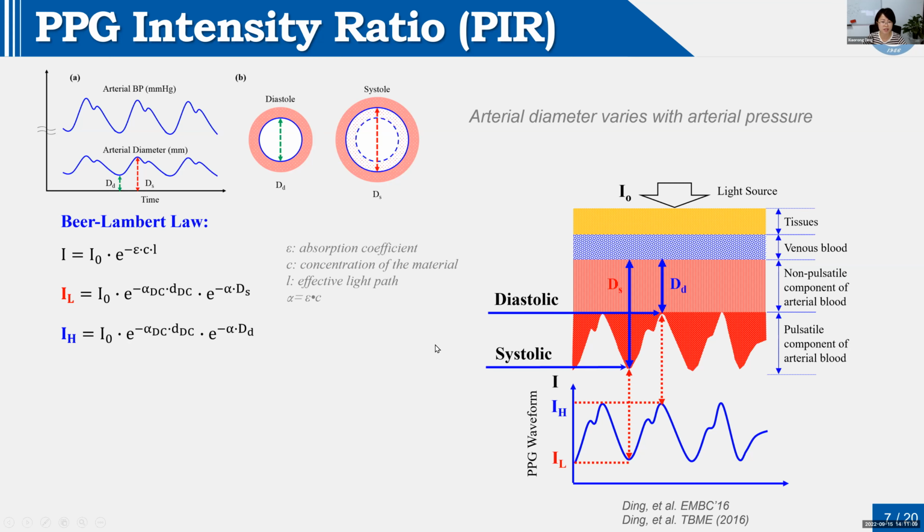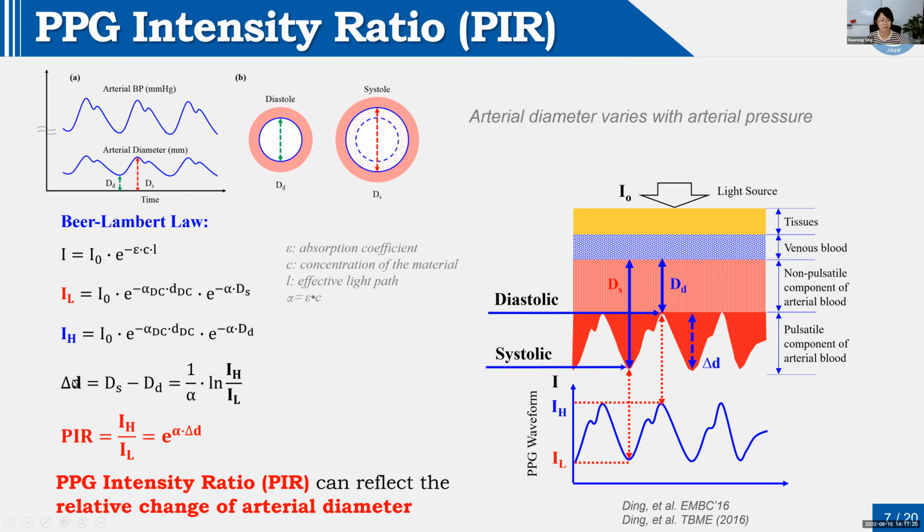So we derive the PPG intensity while the blood pressure is at the diastolic status and the systolic status. With some derivations and calculations, we can get the diameter change based on the ratio of the high intensity and the low intensity. So here we could say that the PIR could potentially reflect the relative change of the arterial diameter.